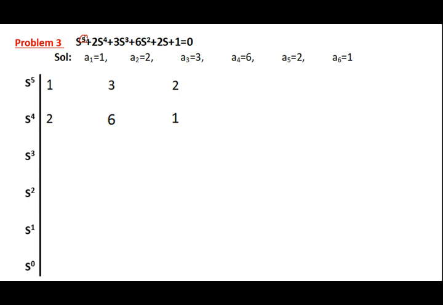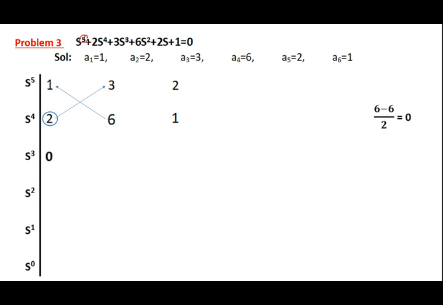So how are we going to calculate it? 2 into 3, that is 6, minus 6 into 1, divided by 2. So 6 minus 6 divided by 2 is 0 by 2, that is equal to 0. That you need to write in the place of the s^3 row. So that is 0.